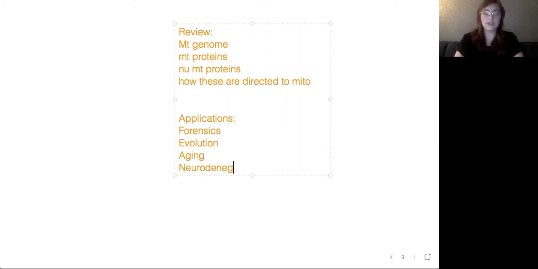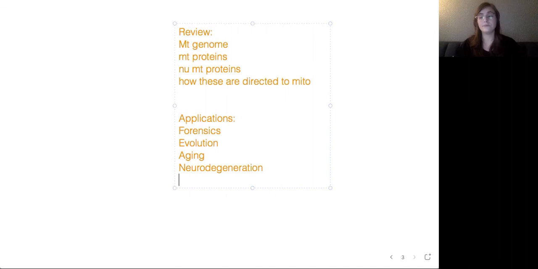Another aspect of researching the mitochondrial genome is aging and neurodegeneration studies. Because the mitochondrial genome is important for energy, which is used in pretty much everything that your body does, in aging and neurodegeneration, there have been implications that dysfunction of your mitochondrial genome is what is causing these declines.